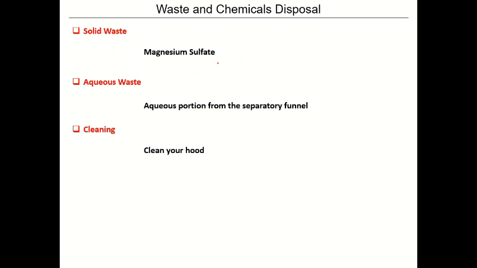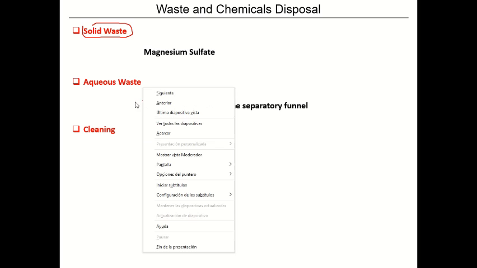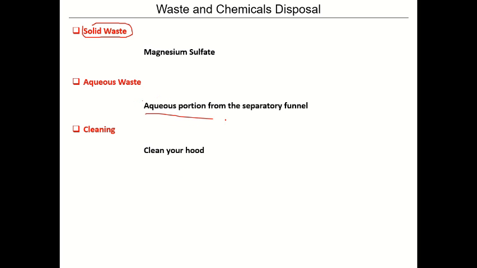The magnesium sulfate is going to go to the solid waste. The aqueous waste, which is the aqueous portion from the separatory funnel, is going to the aqueous waste. And of course, you need to clean your hood before leaving, right?